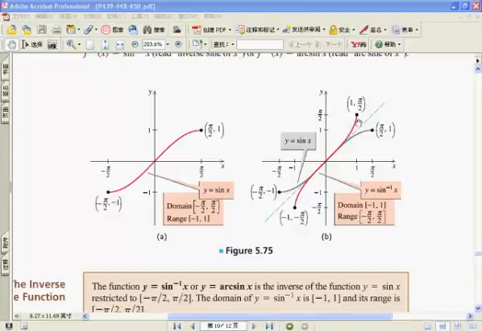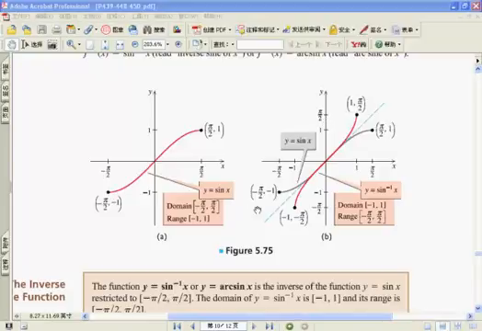And this red one is the reflection of this green one about y equal to x. That is the graph of the inverse sine function. From this graph you can also see the domain is from -1 to +1, and the range is from -π/2 to π/2, right?